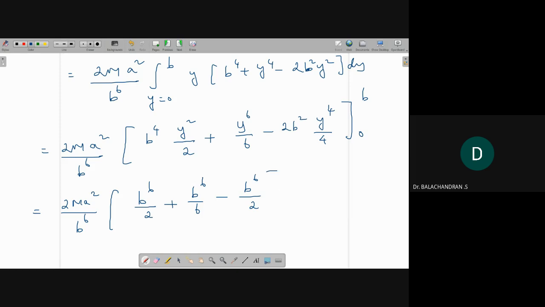Lower limit is 0. I think you can cancel these two. If you cancel these two, you have only b power 6 by 6 this term. If you multiply these two, b power 6 gets cancelled. Here you have 2, here you have 6. So m a square by 3.